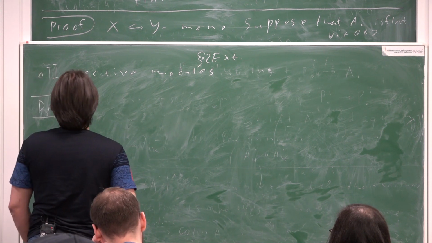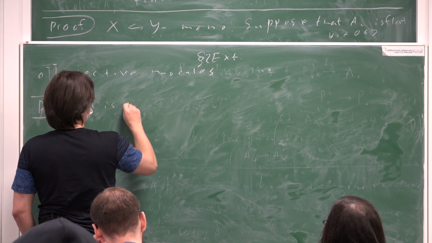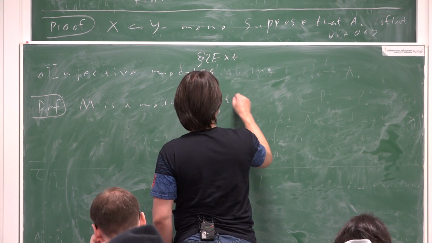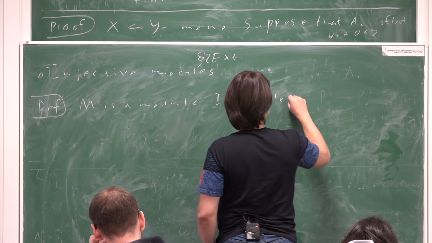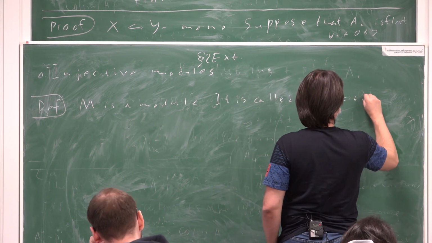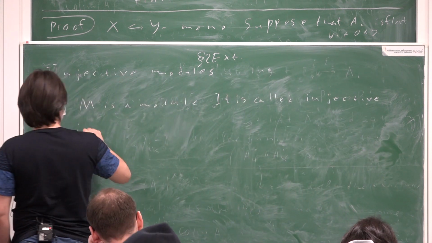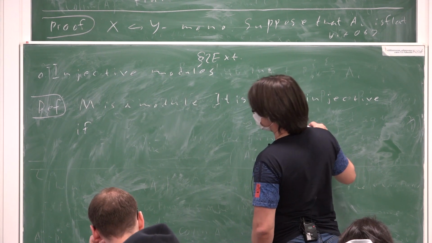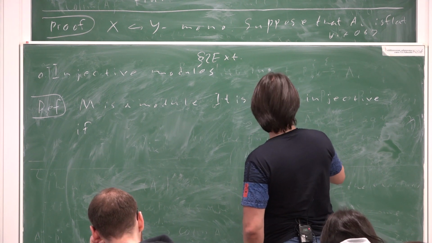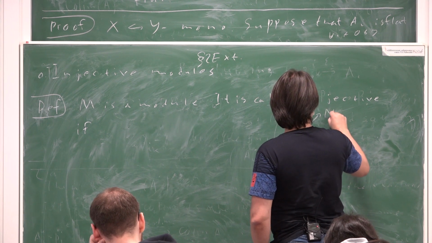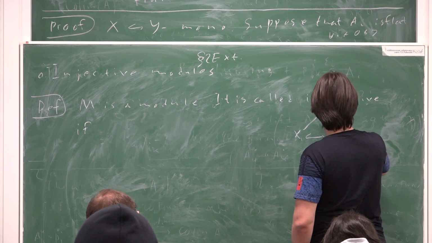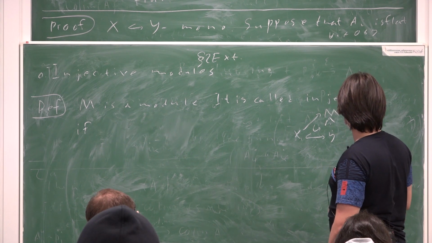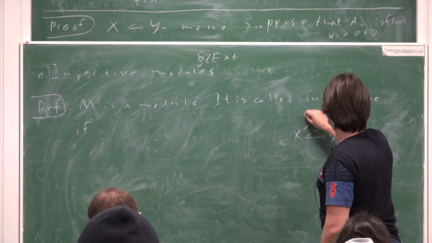So let we have a module M, then it is called injective if, well, first the picture, if for any map from X to M and any mono from X to Y, we can construct a map from Y to M such that the triangle is commutative.